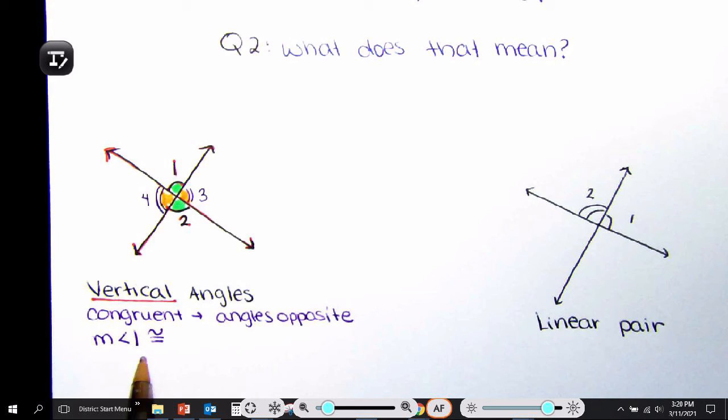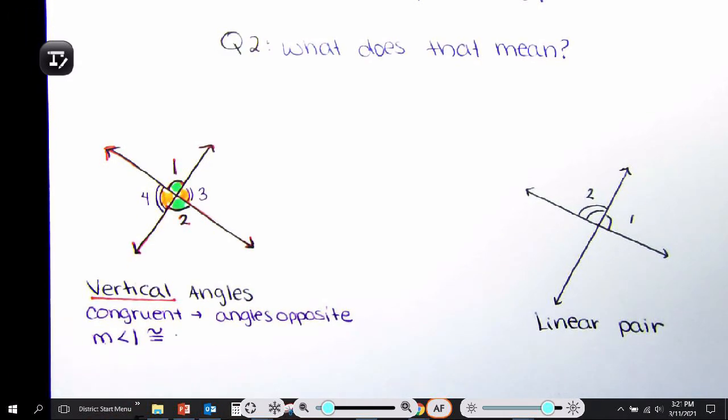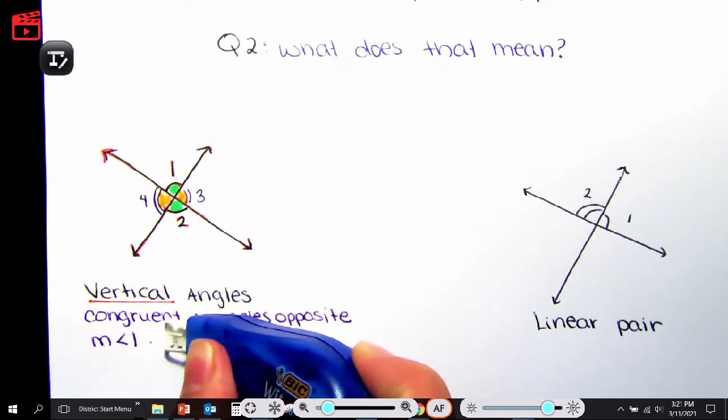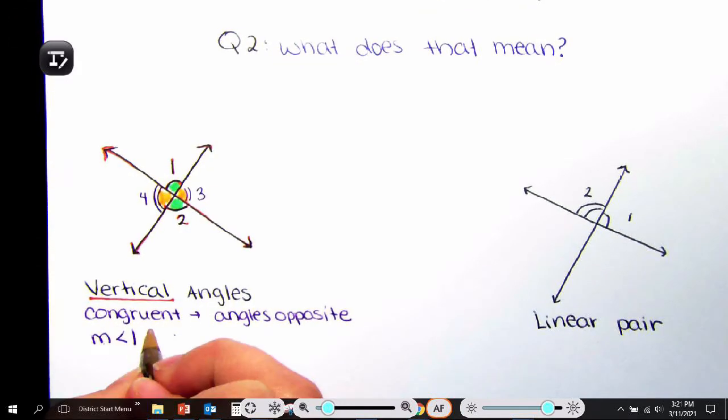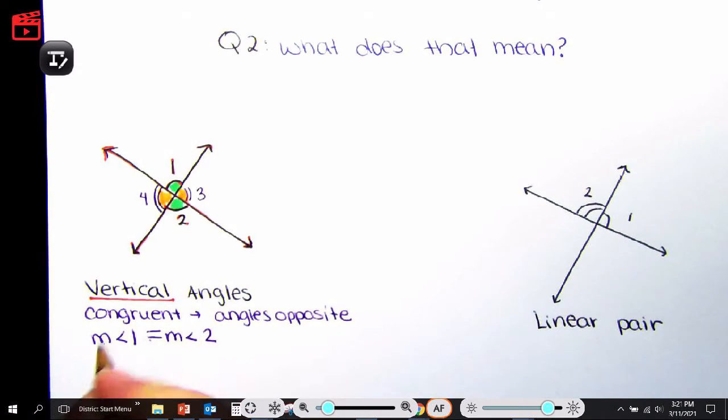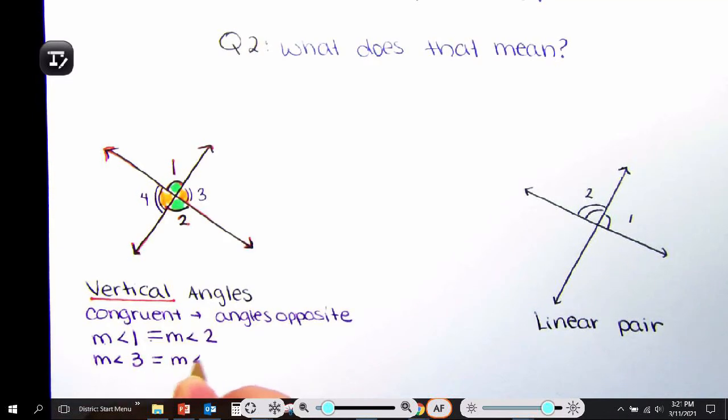So congruent is going to have a symbol of equals with a little squiggly line on top. So the measure of angle 1 is, well, let me actually take that back. The measure of angle 1 is equal to the measure of angle 2. The measure of angle 3 is equal to the measure of angle 4.